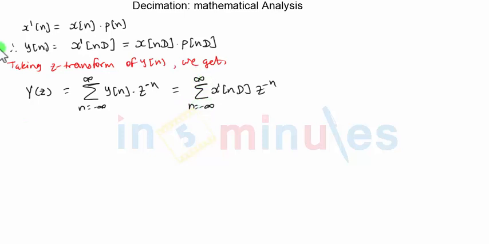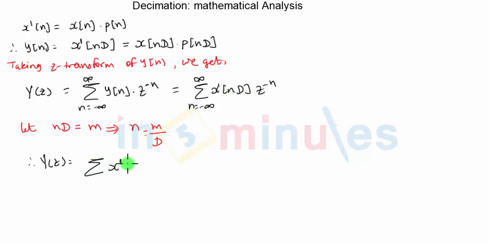Next, I'm going to say that let nd be equal to a new variable m, so I'm replacing nd with m, and hence wherever you have small n, it will become m by d. So I'm using a new variable for the summation, and my Y(z) will become the summation of x'[m] into z raised to minus m by d.